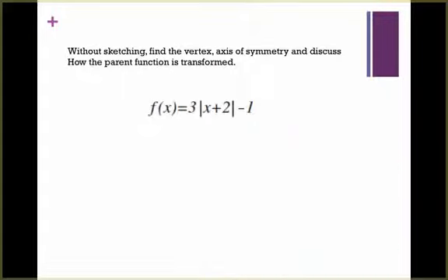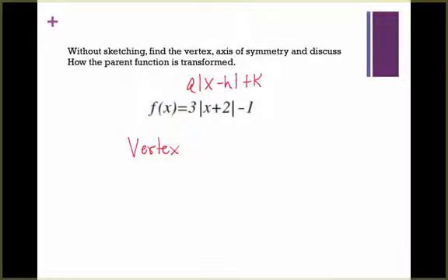Now let's apply what we just did and find where our vertex and axis of symmetry is for the following graph, and then also determine what transformations have been done on this graph. So how have we transformed our parent function? So first of all, our vertex, if we go back, we want to have a times the absolute value of x minus h plus k.